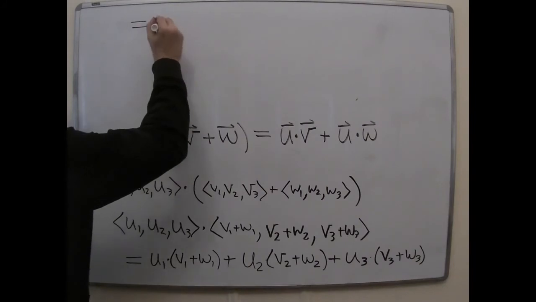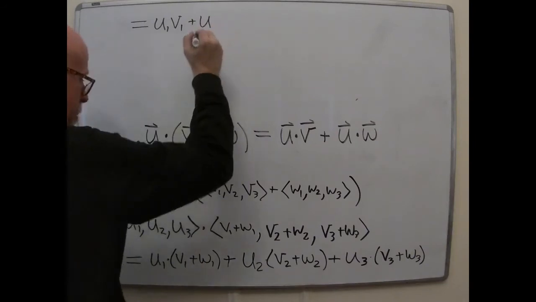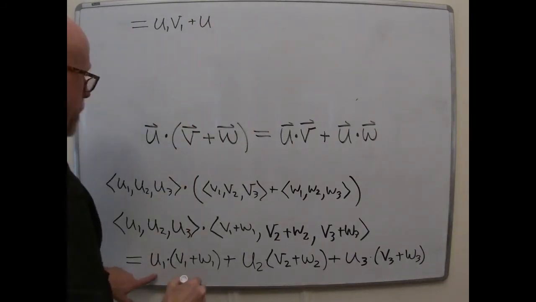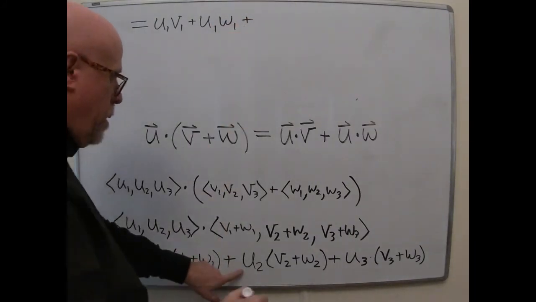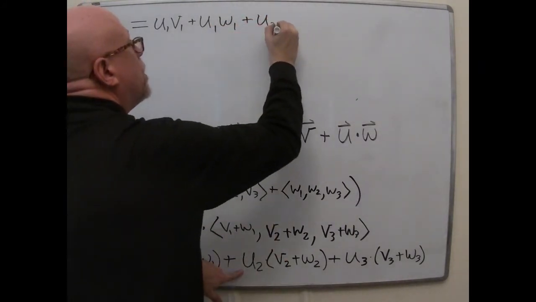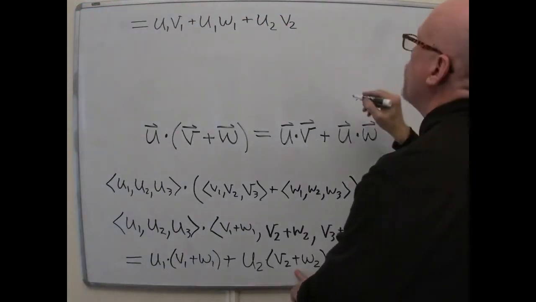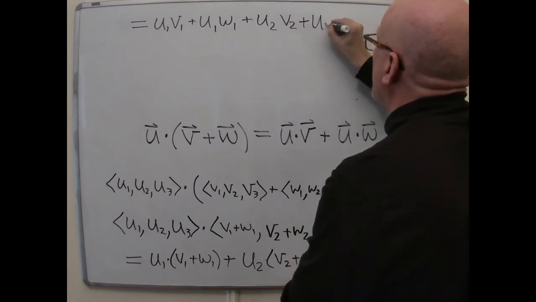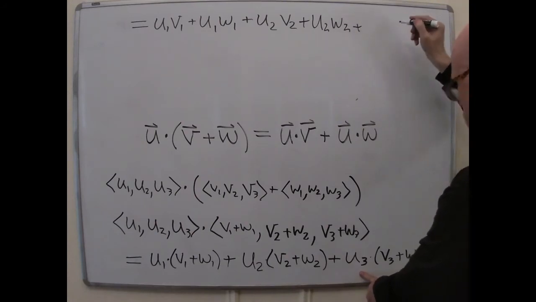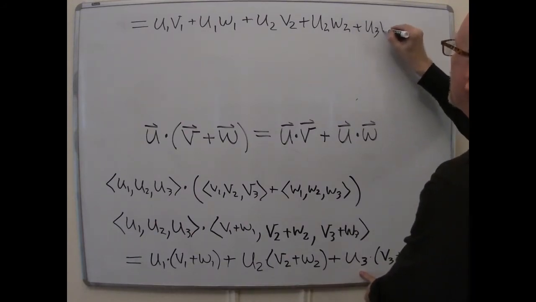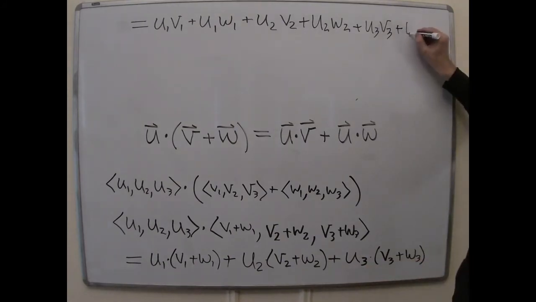So you get U1 V1 plus U1 W1 plus U2 V2 plus U2 W2 plus U3 V3 plus U3 W3.